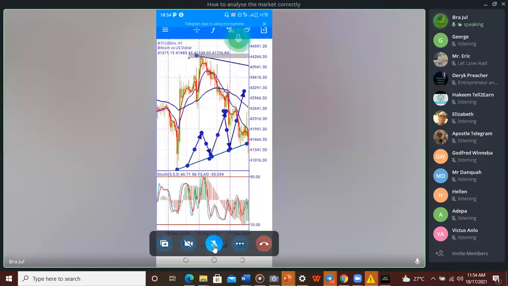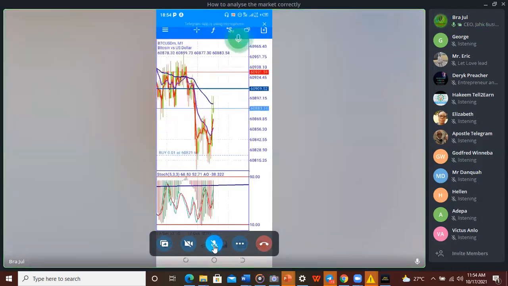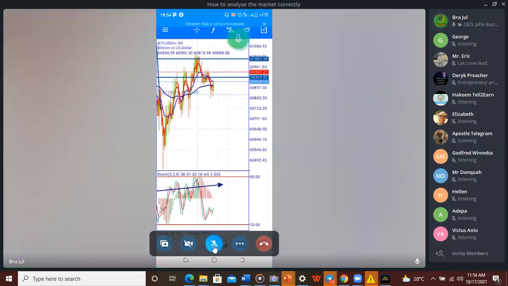Now we're getting the picture. So right now, if you see it coming down, and then you scale down to the lower time frame, like the M1, let me just say M5, M15.